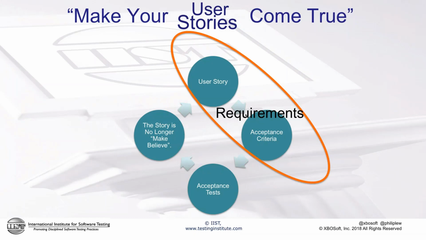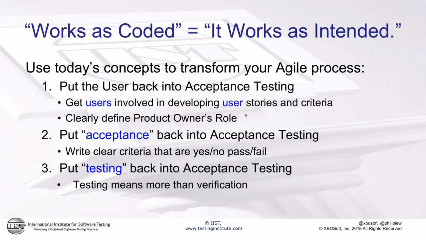And I hope that you've thought a bit more in depth about how we can all do that together to convert our software from working as coded to working as intended.